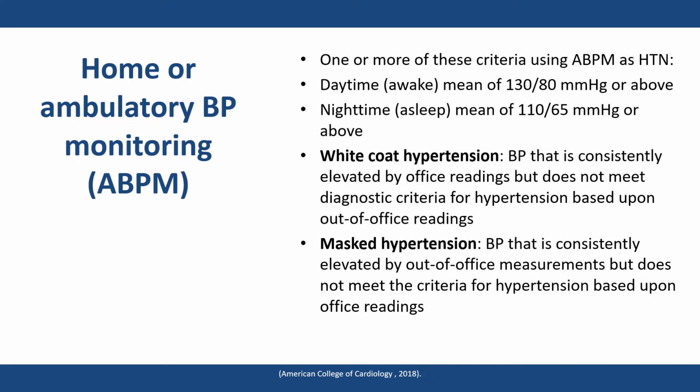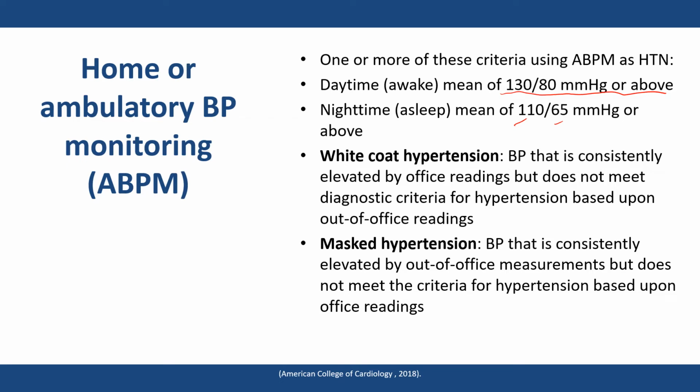So what they're trying to tell us is to keep an eye on the daytime blood pressure, which is the awake mean blood pressure, of 130/80 or above, and nighttime 110 systolic and 65 millimeters of mercury diastolic or above. Generally speaking, the blood pressure at nighttime is lower than the daytime blood pressure.